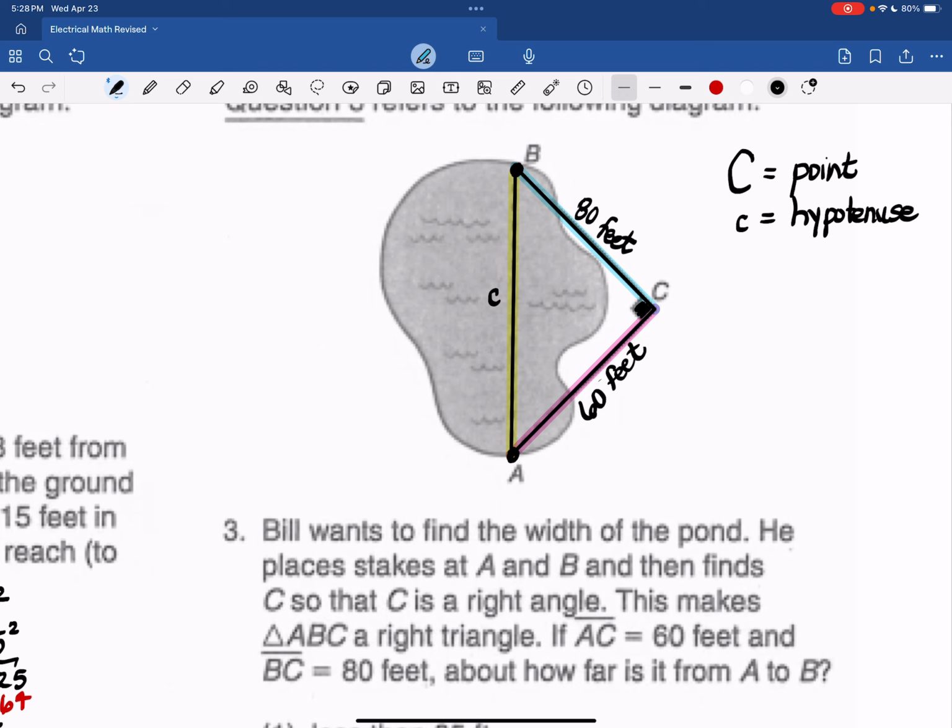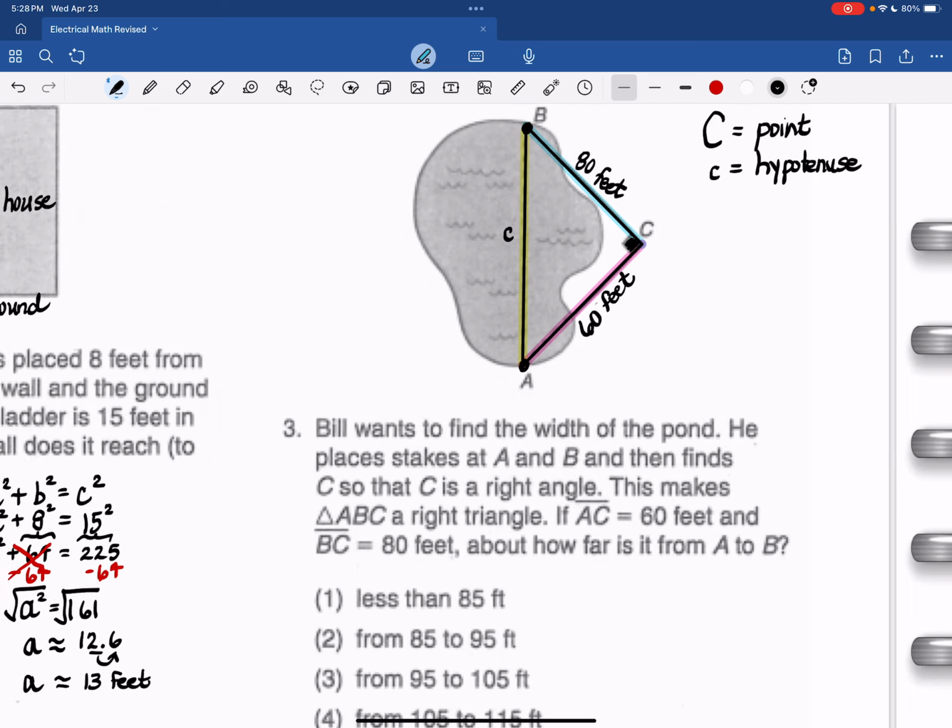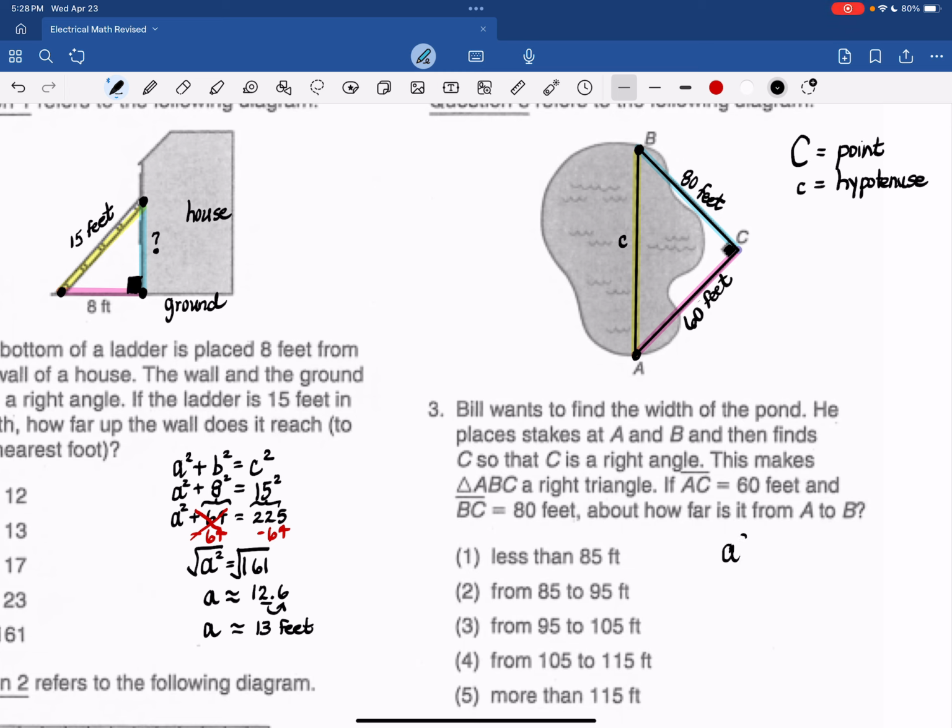If you recognize that this is a 3, 4, 5 enlargement, you will know the answer. If you don't, let's work it and see. So we have A squared plus B squared equals C squared, and we do not know side C. We know A, and we know B. 6 times 6 is 36 with 2 zeros. 8 times 8 is 64 with 2 zeros.